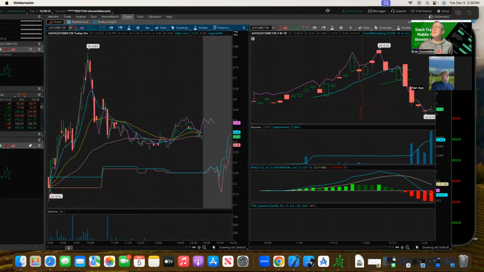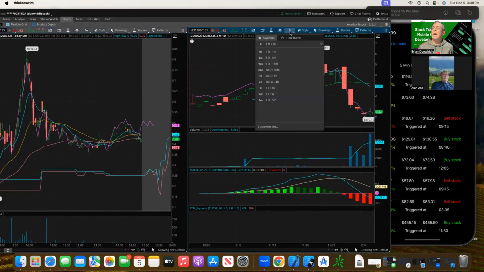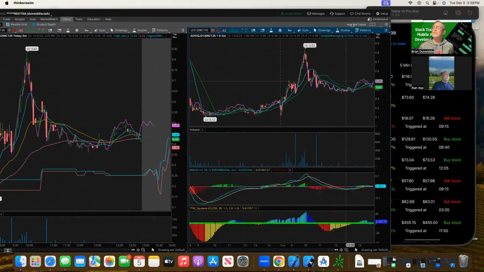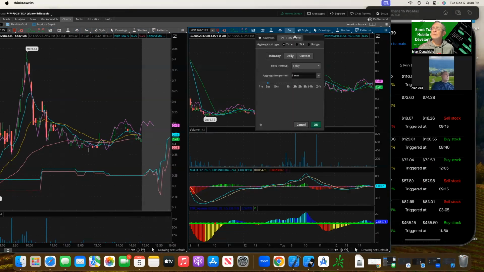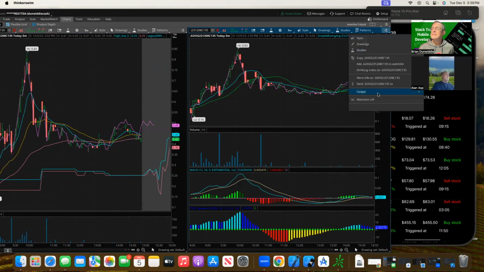So I'm going to set up this chart, and then we're going to go back and look at what triggers you out. I just want today's 5 minute. And I can maximize this.